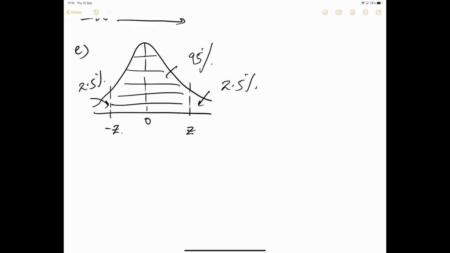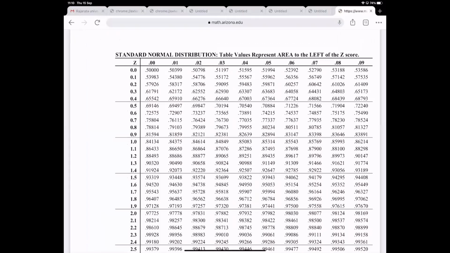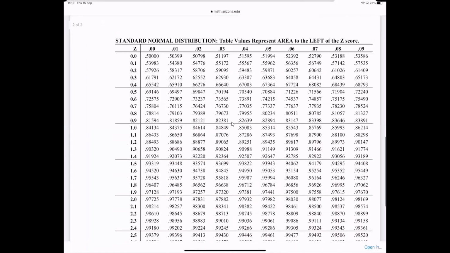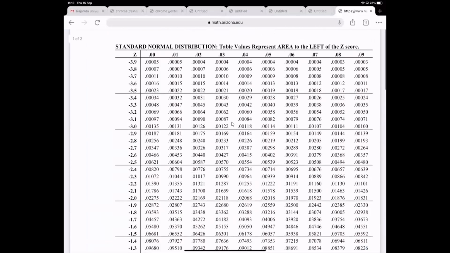So we want to find minus Z. Directly we can find it using the table: 0.025. That is also a very famous value.